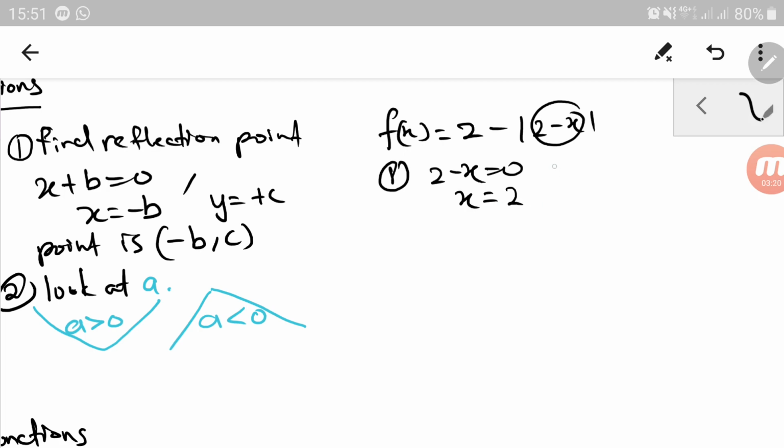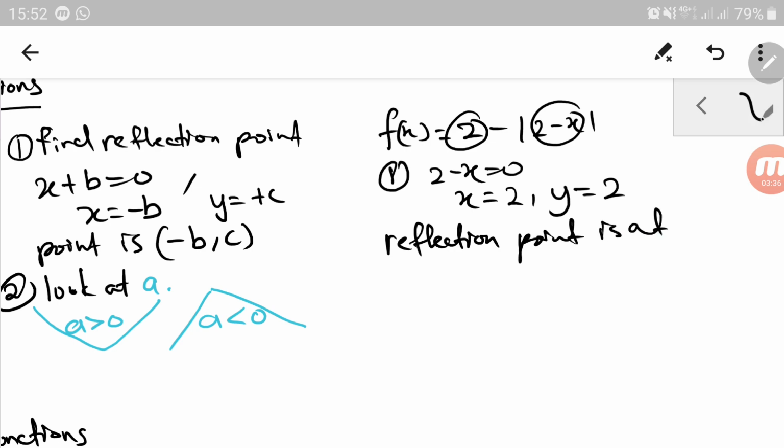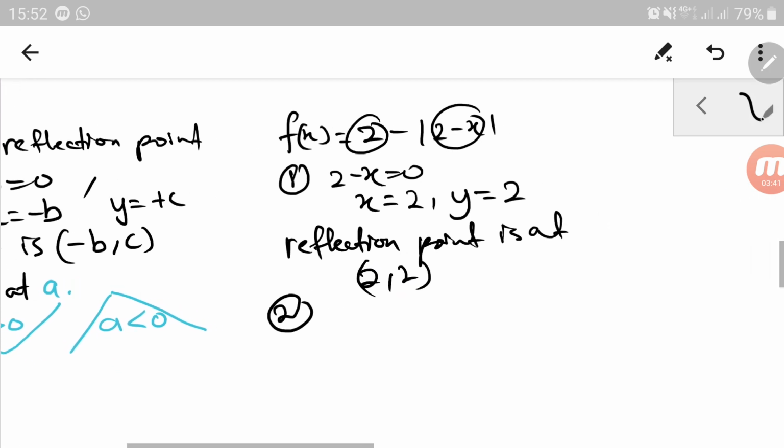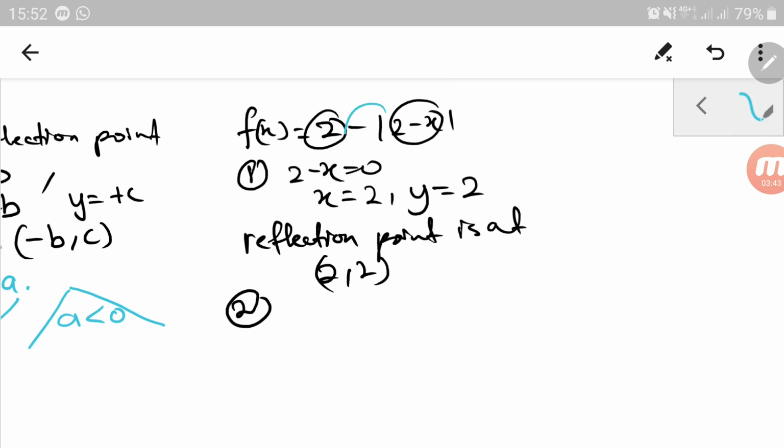And the y is just taking everything except the modulus. Y is 2. So the reflection point is at (2, 2). Now number 2, what to do? Look at the a. Here is the a. The a is minus 1, which is less than 0. Therefore, the shape is going like this. It's like a V but facing downwards.